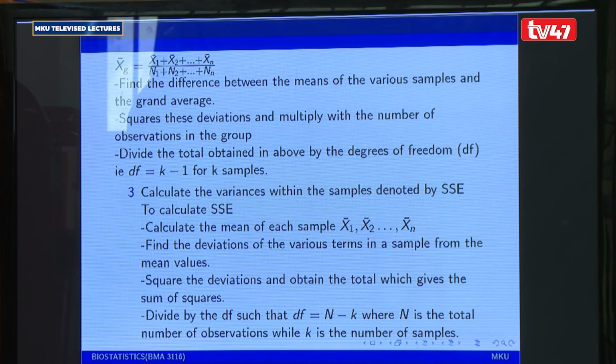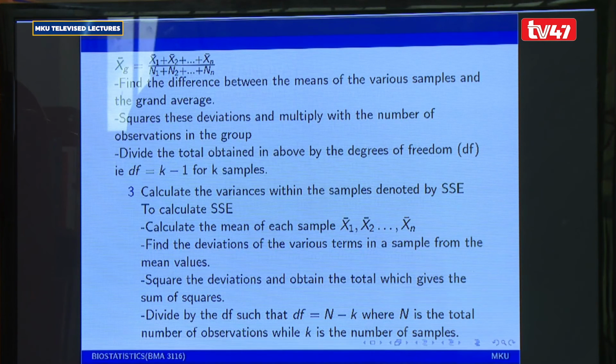Now then, SSE is calculated as the difference between the means of the various sample and the grand average. So SSE is the mean of each sample minus the grand mean. Then square these deviations and multiply with the number of the observations in each group. So you square those differences between the mean of each sample and the grand mean, square them, then multiply by the sample size for each group.